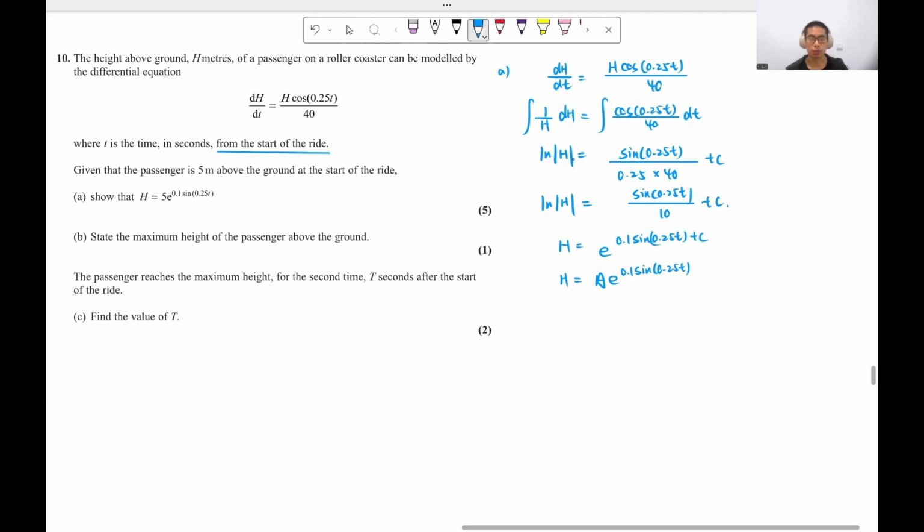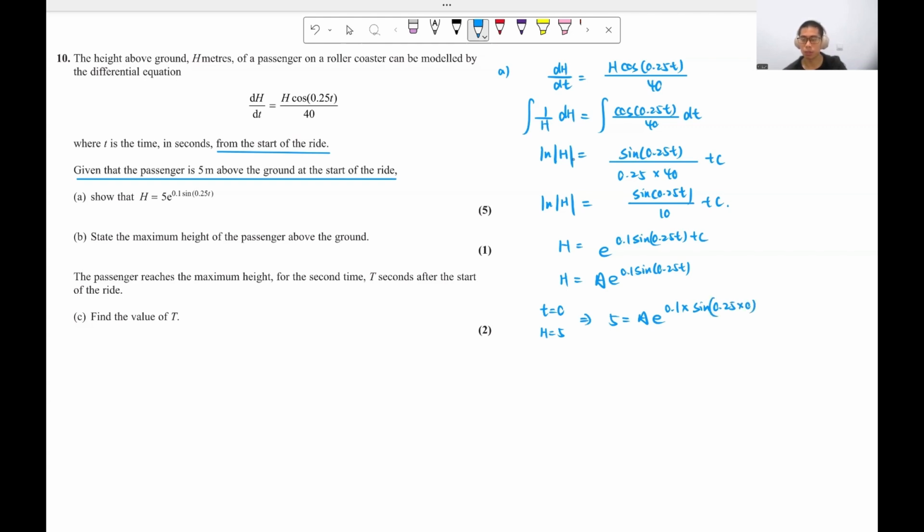So now it's time to substitute in the condition to work out the constant A. Given that the passenger is 5 meters above the ground at the start of the ride, that means when t equals 0, h is equal to 5. So substitute that in: 5 equals A times e to the power of 0.1 times sine of 0.25 times 0.